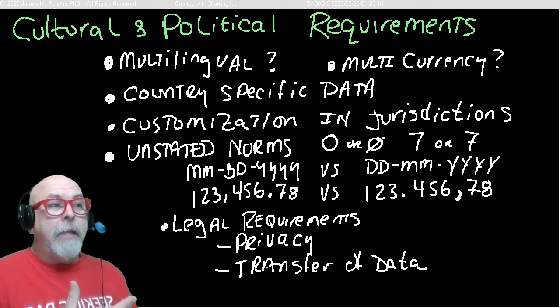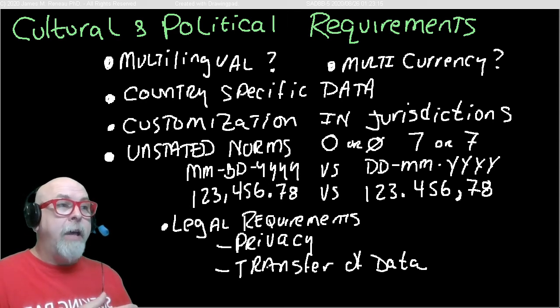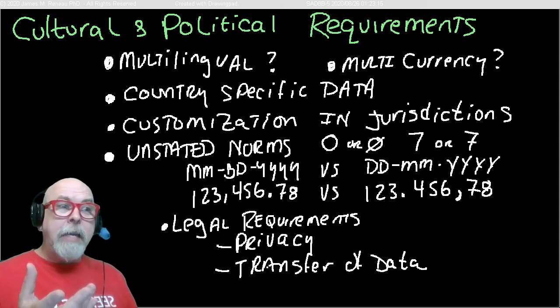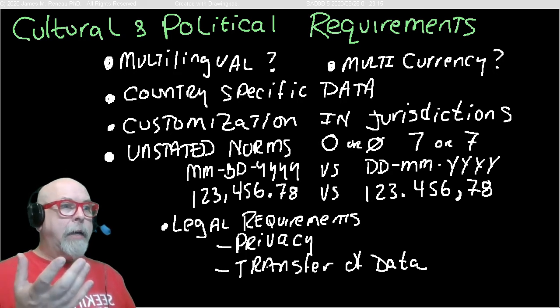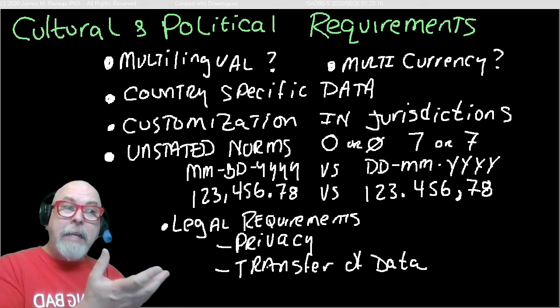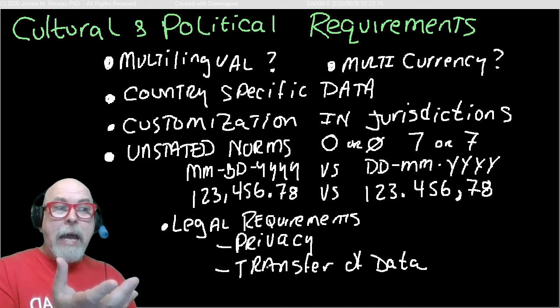And then legal requirements. Again, I mentioned privacy, I mentioned transfer of data, but there very well could be nation specific or even jurisdictional specific legal requirements. Maybe you're collecting sales tax in 2 different states. Well, in Ohio, for instance, food in a restaurant taken to go is not taxed.